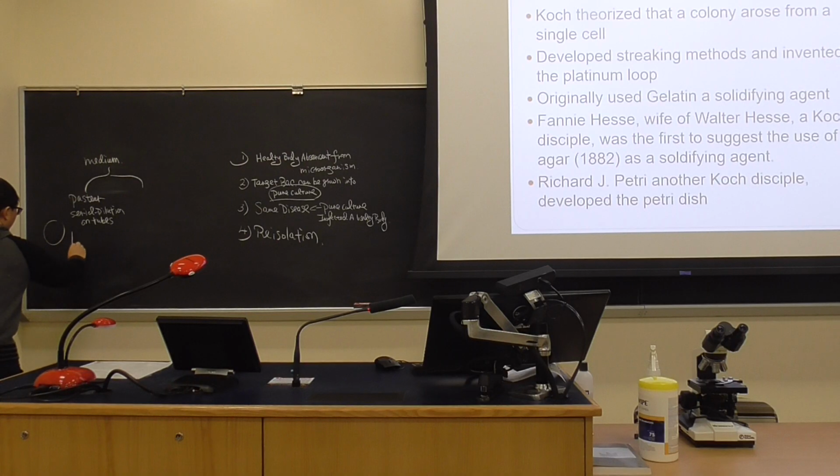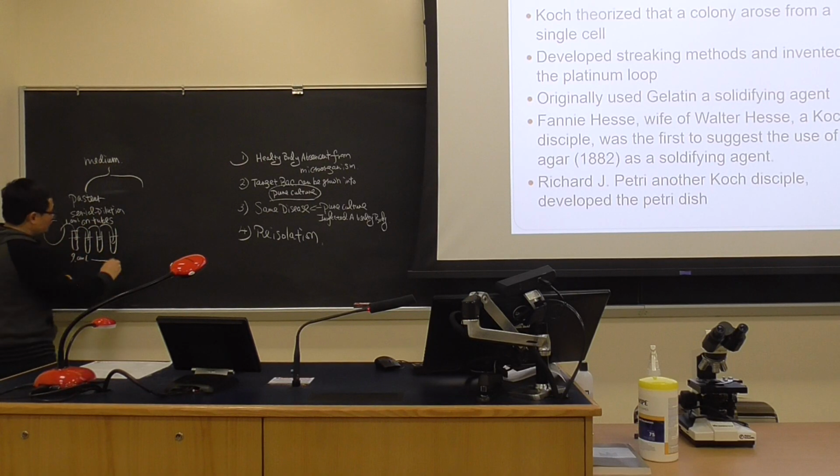I'm preparing a lot of tubes. Okay? All these tubes, let's say, containing 9.0 ml. And I'm adding 1.0 ml, go to the first one. Then we mix very well, go to the second one, go to the third one, go to the final one. And we ideally want the last one to have one single cell.